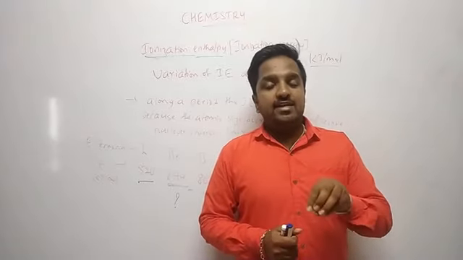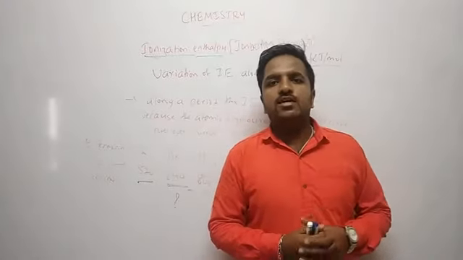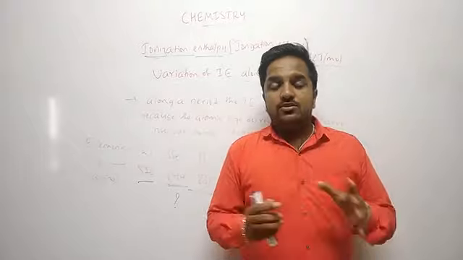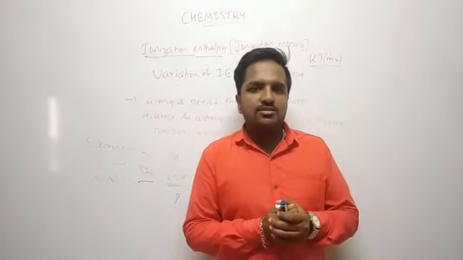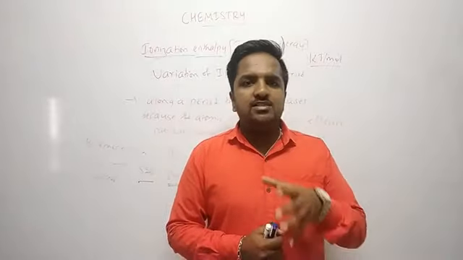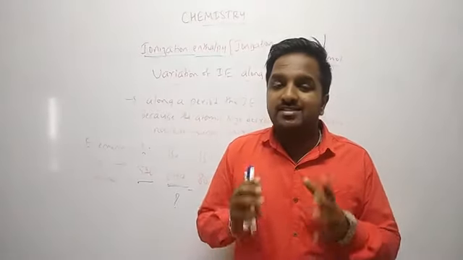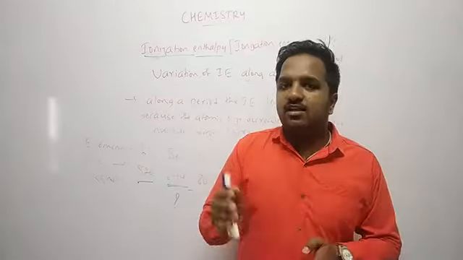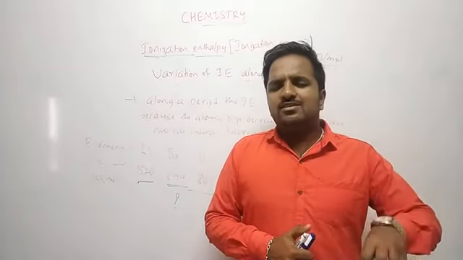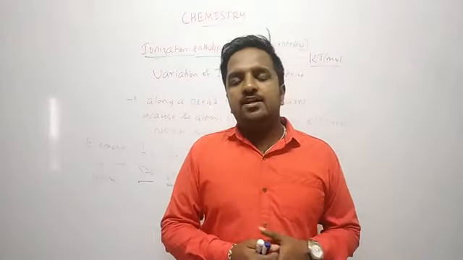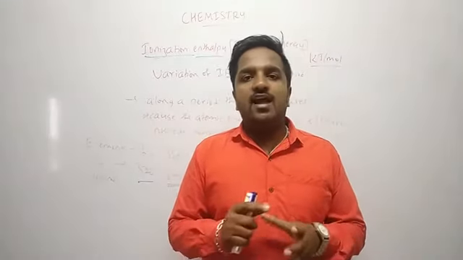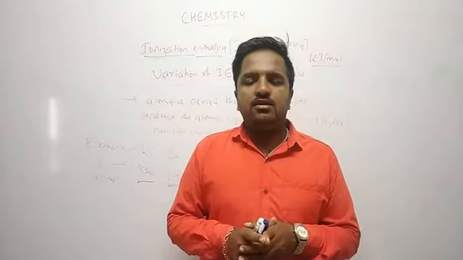For example, the s orbital can accommodate a maximum of 2 electrons, and in noble gases those 2 electrons are accommodated. The p orbital can accommodate a maximum of 6, and in noble gases 6 electrons are accommodated. So the concept is, if the orbitals are completely filled, they are termed stable.